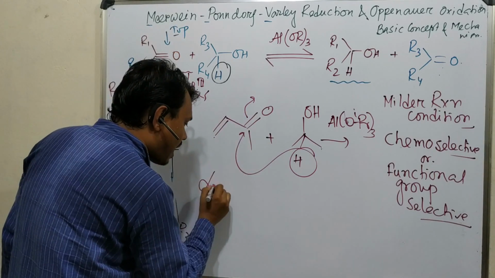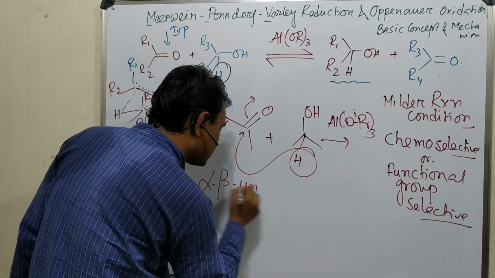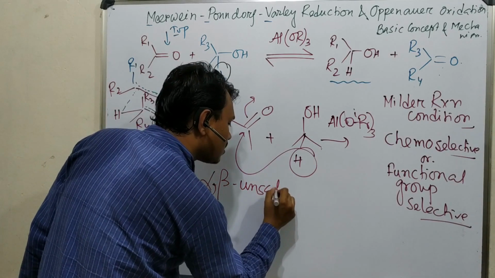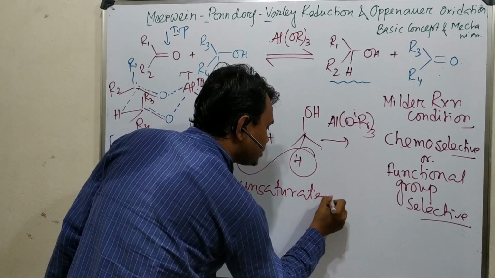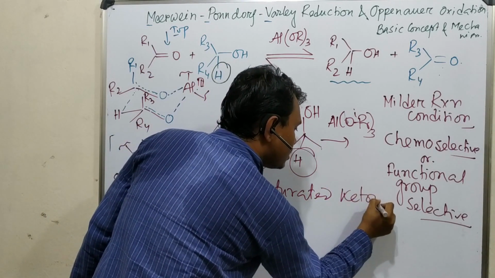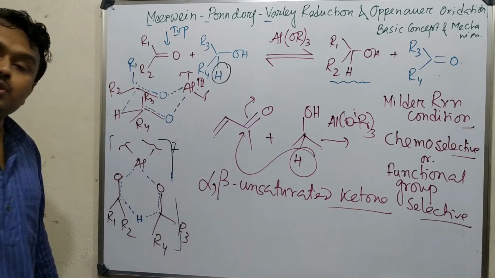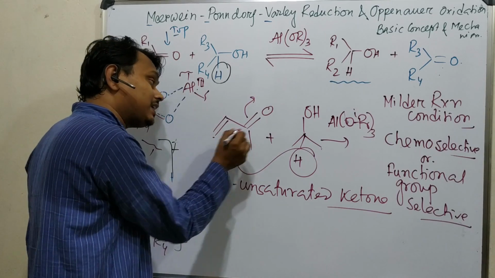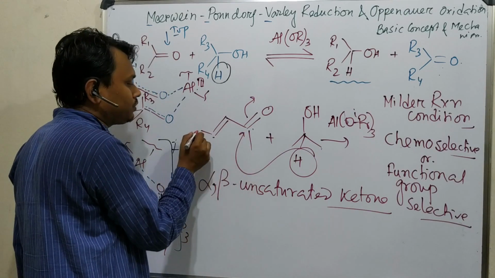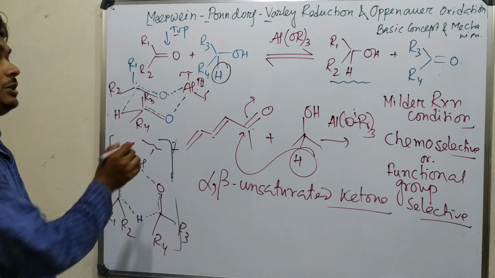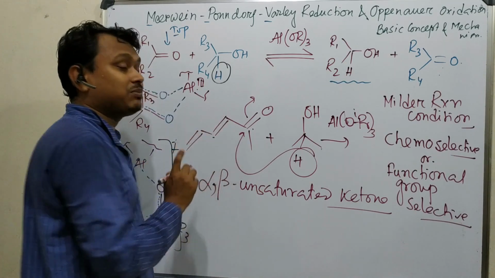So this is an alpha beta unsaturated ketone. It will never attack the double bond, it will attack the carbonyl. Even if you have conjugated or multiple double bonds, it will never attack them.